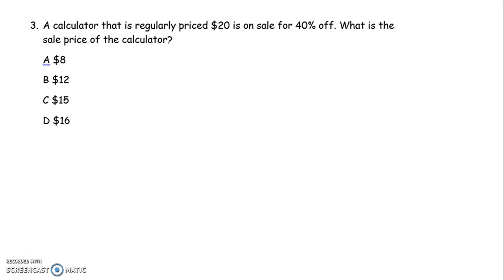Okay, so now that we're this far into percents, we're not always going to be asking about simple interest. So this is a throwback. It's asking about sale price. And the original price was $20 and it's 40% off. If it's 40% off, what percent am I still paying? So if I start with 100%, I take 40% off, I'm still paying 60%.